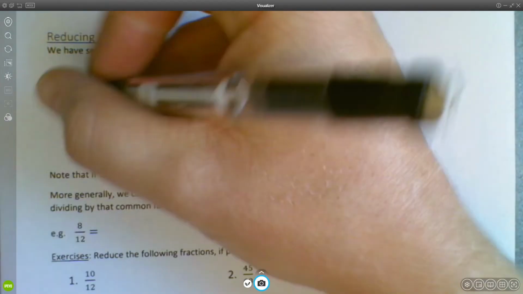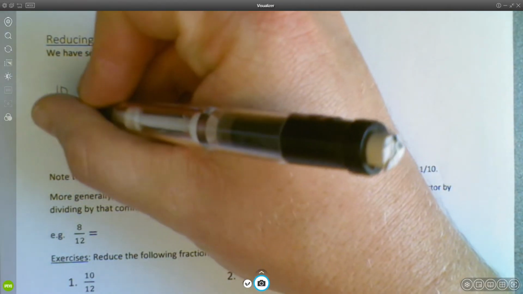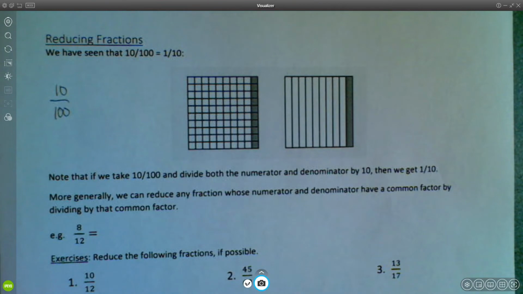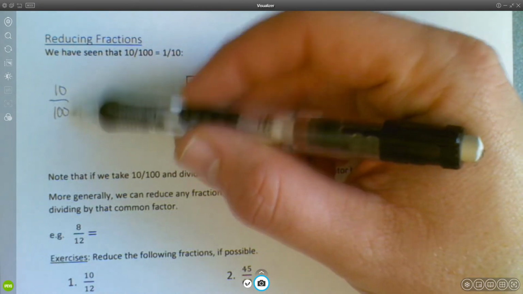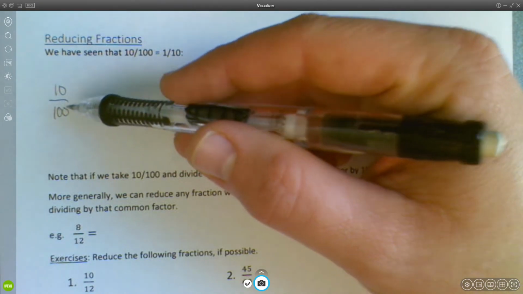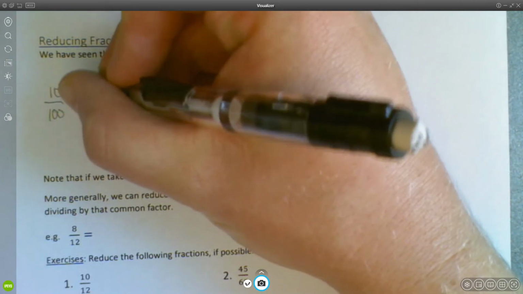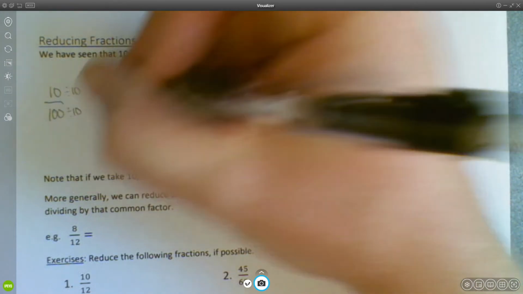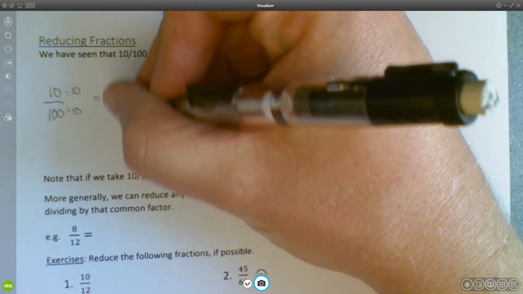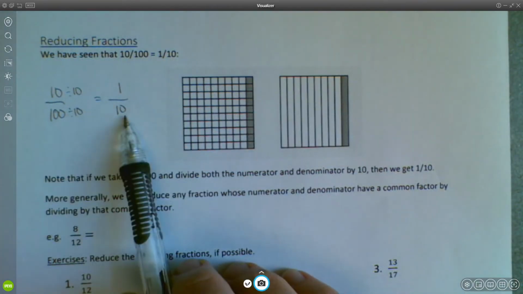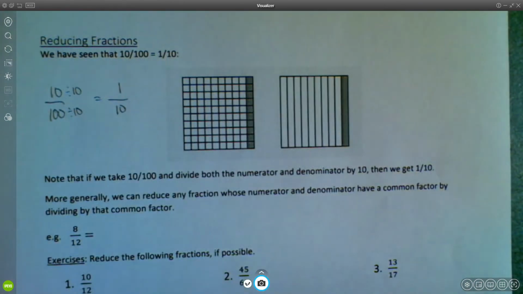In other words, if we start with 10 1/100ths and we think about what's the largest number that divides into 10 and 100 both, the answer would be, well, 10, right? 2 also divides into 10 and 100, and so does 5, but 10 does, and 10 is the biggest one. So if you divide each of the numerator and the denominator by 10, 10 divided by 10 is 1, 100 divided by 10 is 10. And so that is the way that we reduce fractions.